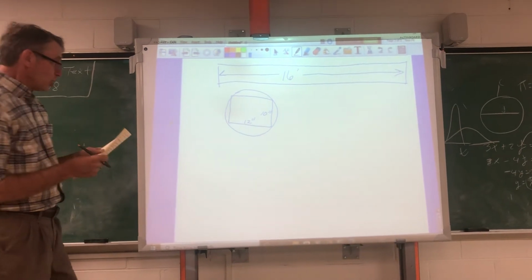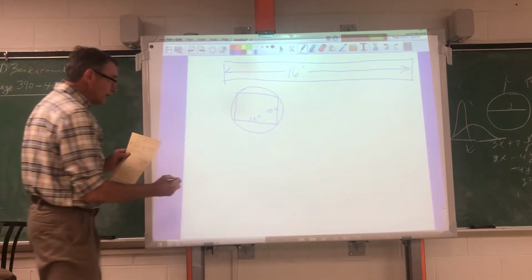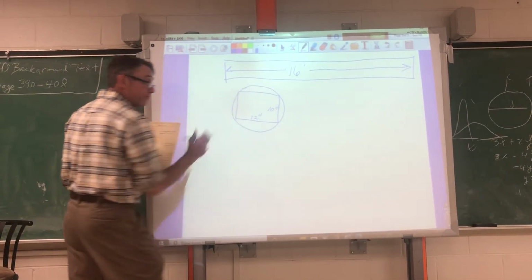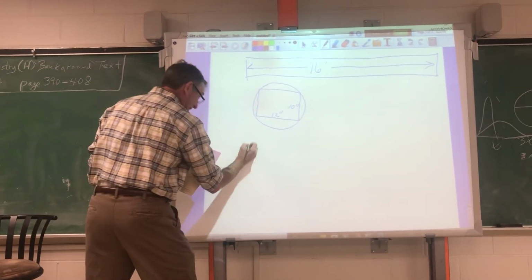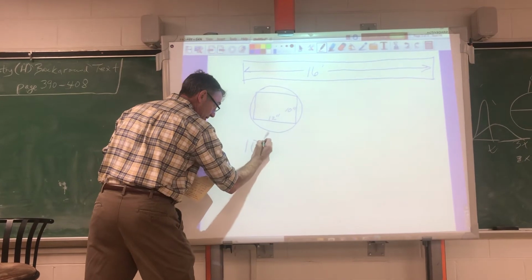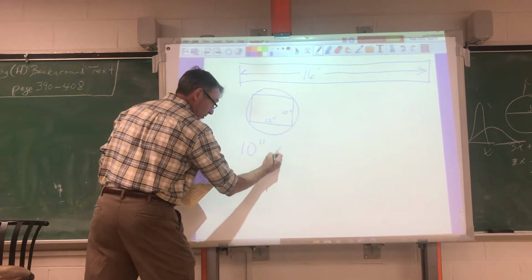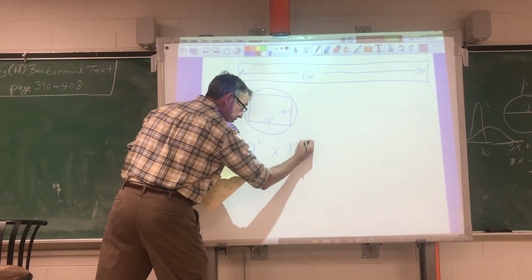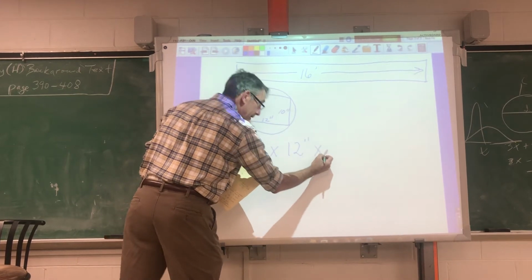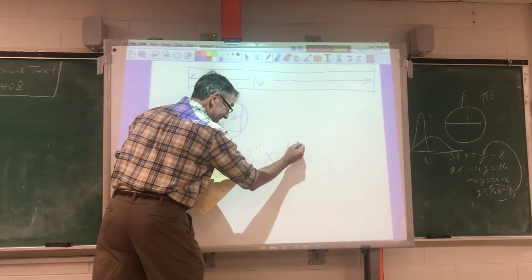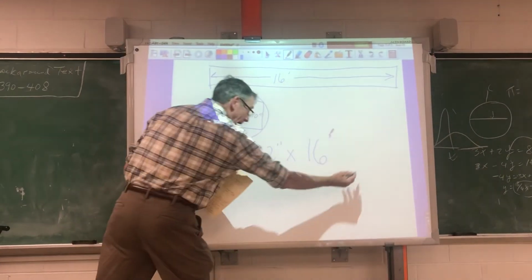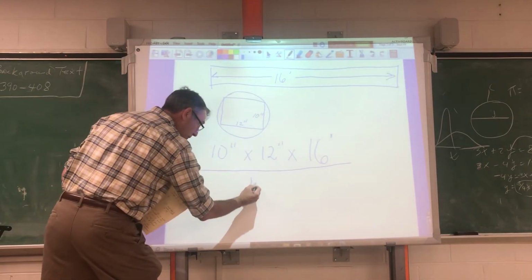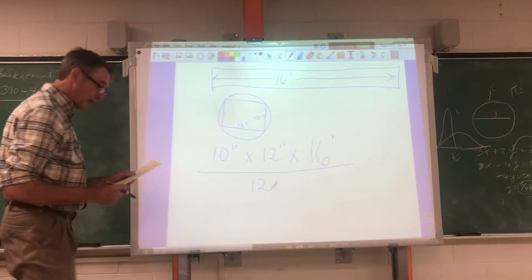Okay? So what we've got here, to calculate the board feet of lumber in this log, or potential board feet, is 10 inches by 12 inches times 16 feet. Okay? And all of that over 12.